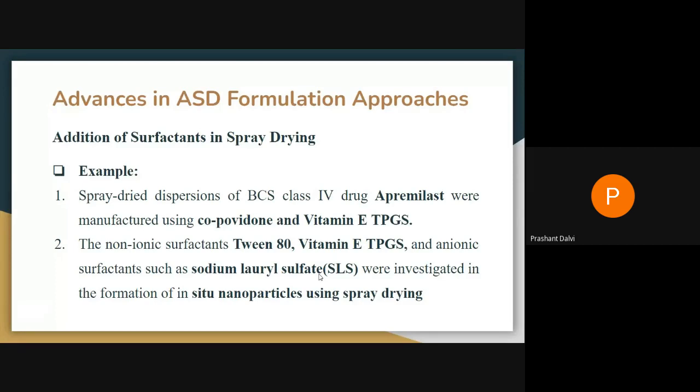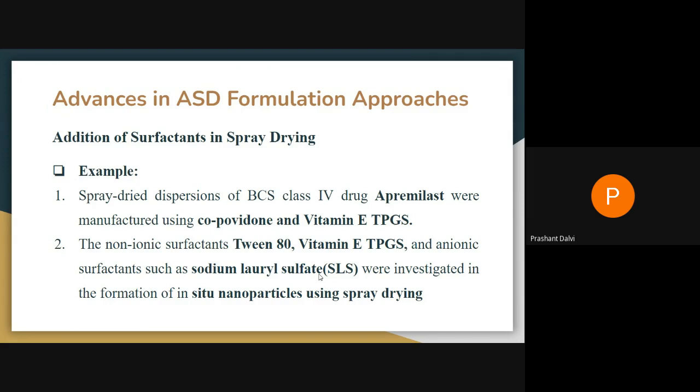Vitamin E TPGS is the synthetic water soluble version of vitamin E, tocopherols. So these two polymers you can use for this, and non-ionic surfactants like vitamin E TPGS.